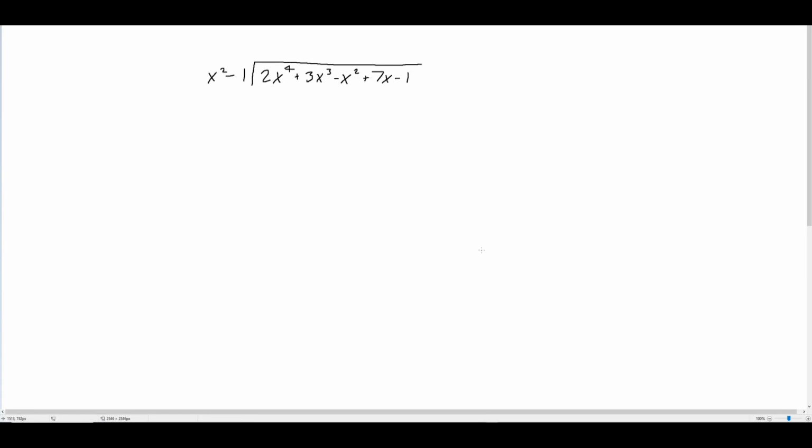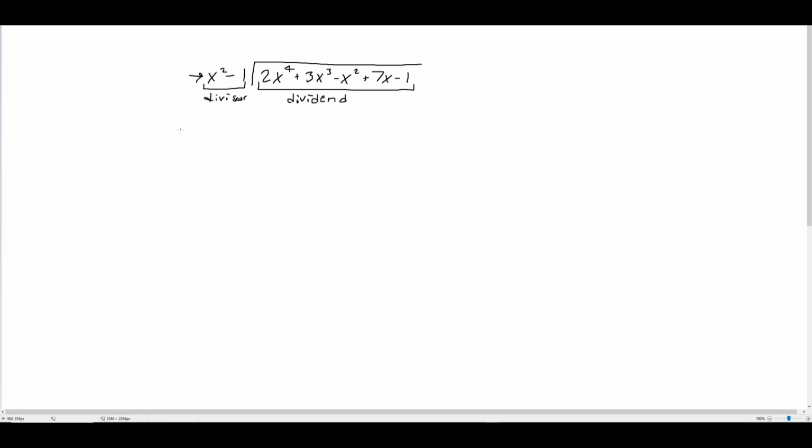So this is the algorithm that I used to code my synthetic division calculator. What it does first is it gets both of these polynomials, which is the divisor and the dividend. And it stores these polynomials as their coefficients.